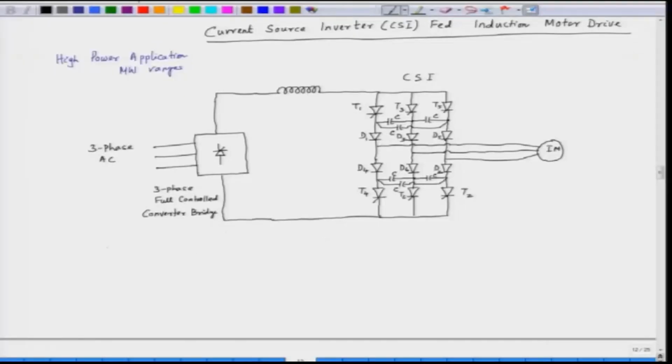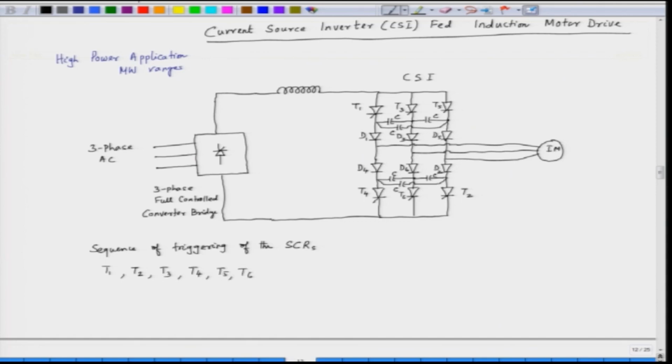So, the sequence of triggering of the SCRs is T1, T2, T3, T4, T5 and T6.